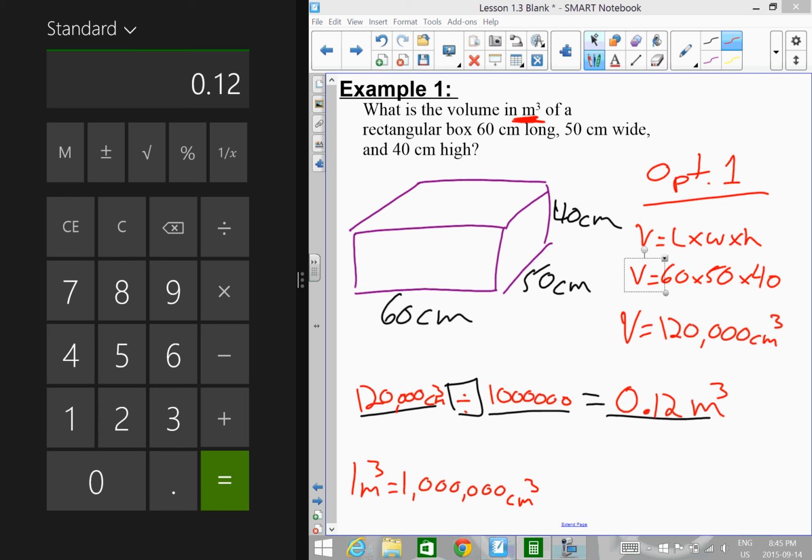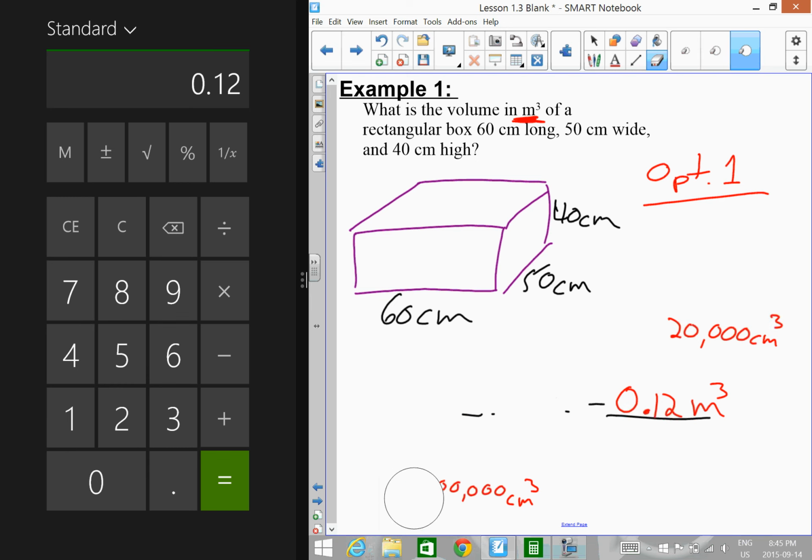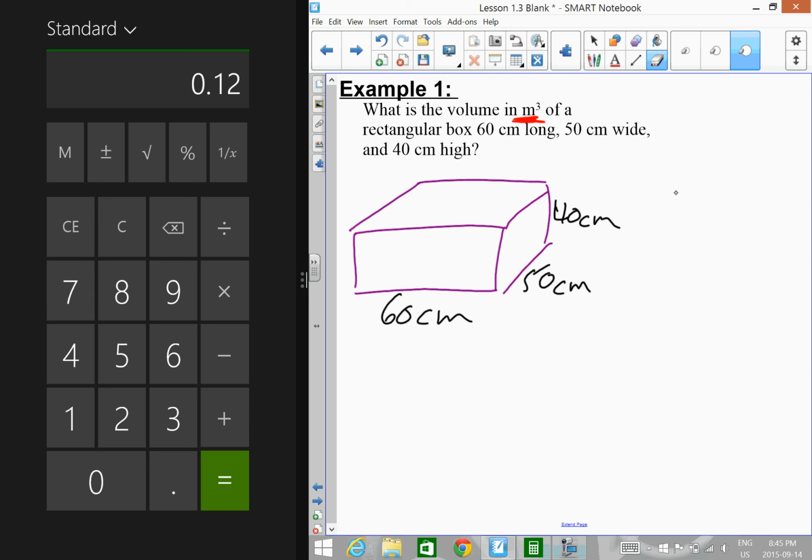All right, now I said there was another way. So I am just going to make sure I have this written down, or pause it, because I'm going to erase everything. And you know what, I'm going to even switch colors. Let's switch to purple. All right. Option 2.